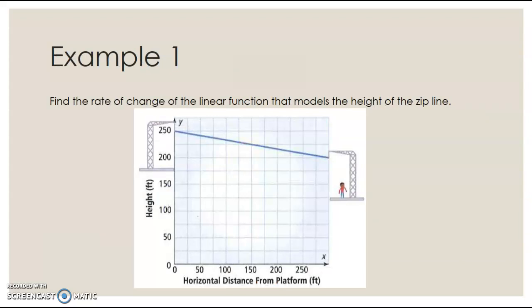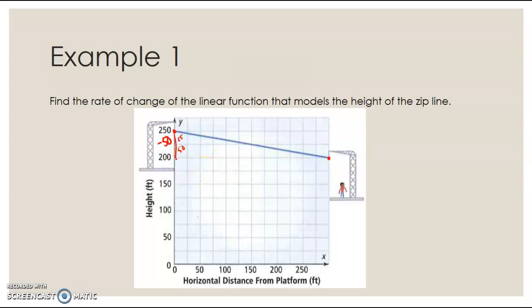Example 1, find the rate of change of the linear function that models the height of the zip line. So here's the start of our zip line. Here's the end of our zip line, right? So those are our 2 points. I'm going to count, right? And if I look at my interval, we're going by 25s. So if I go down 2 boxes, that's down 50, because that would be 25, 50.